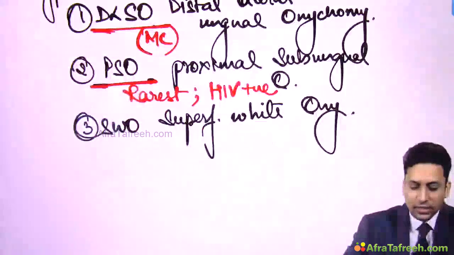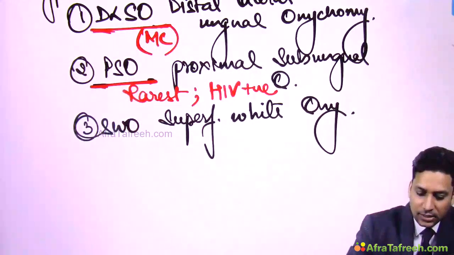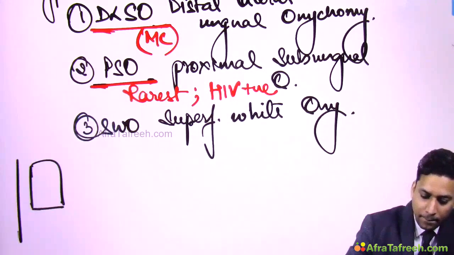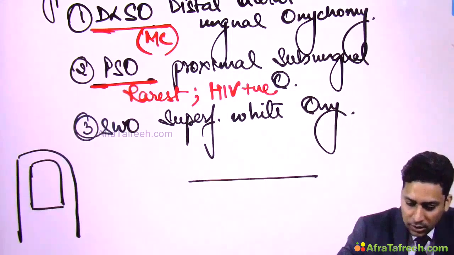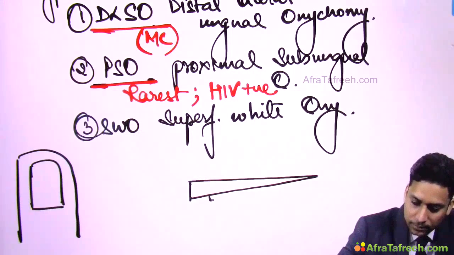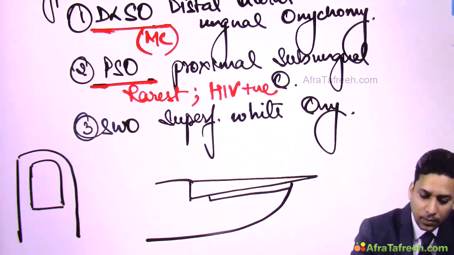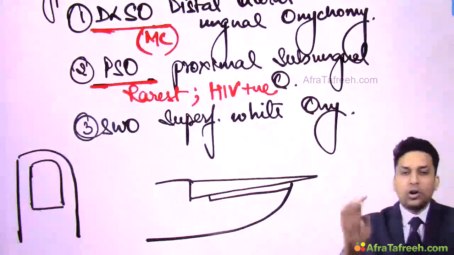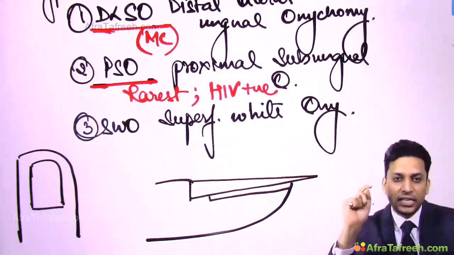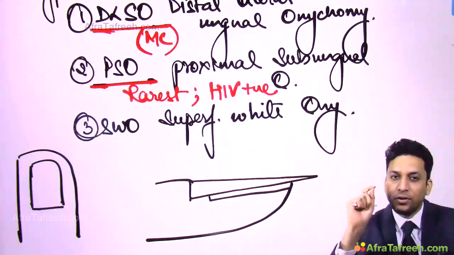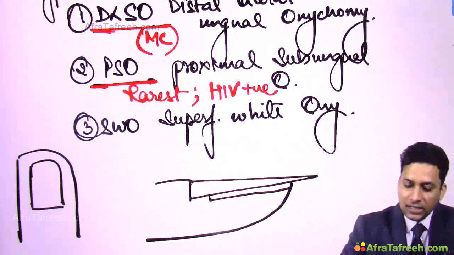Let us try to understand this. Let us consider this is the nail of the patient. This is the transverse section. If you recall, while discussing nails, I told you which is the most common site where fungal infection occurs first in the nails. So which is the most common site for onychomycosis? Yes, it is hyponychium.